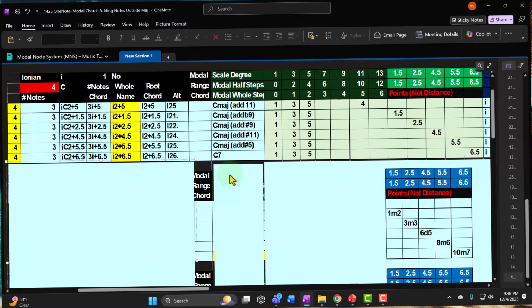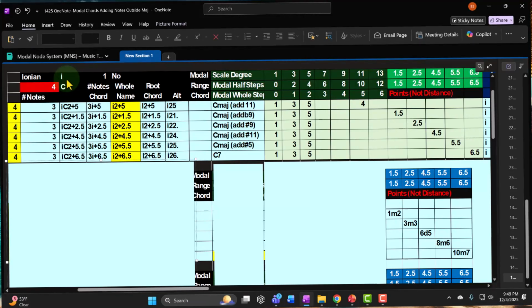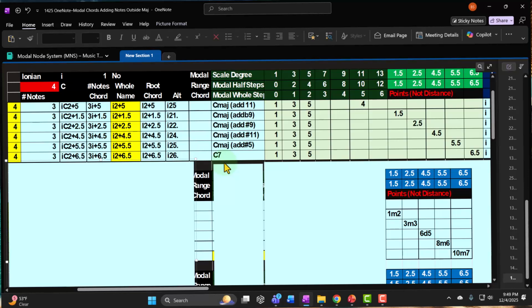So notice how that's a problem. Why is that a problem? Because I'm still looking at this as though it's the collection of notes around the key of C. The nodal point that I'm on, a C note, is an Ionian node, but the naming convention kind of indicates as though I'm playing off of the Mixolydian node, node number 5, because it has the minor 7 involved in it.